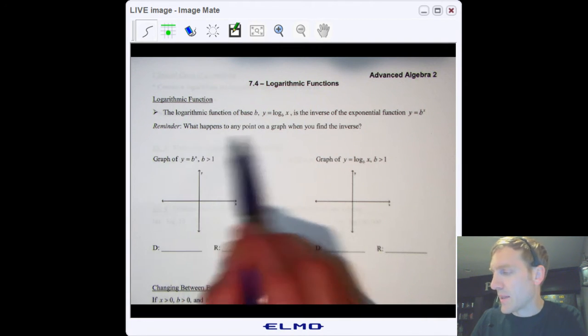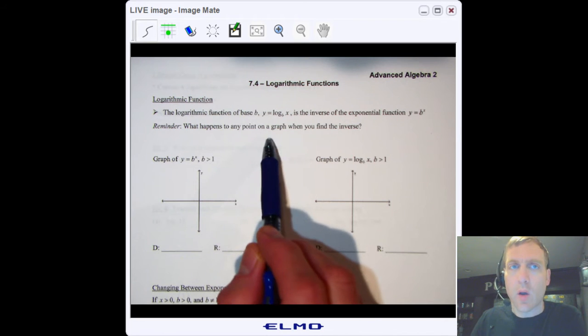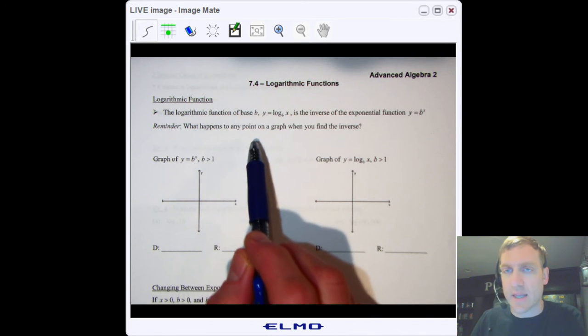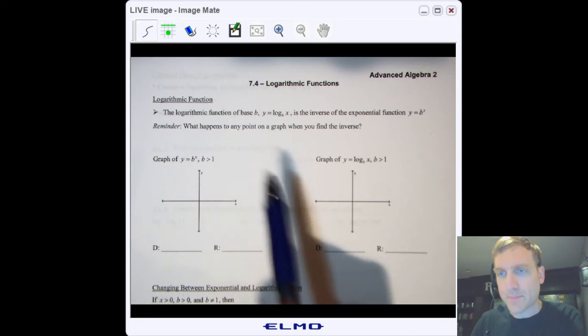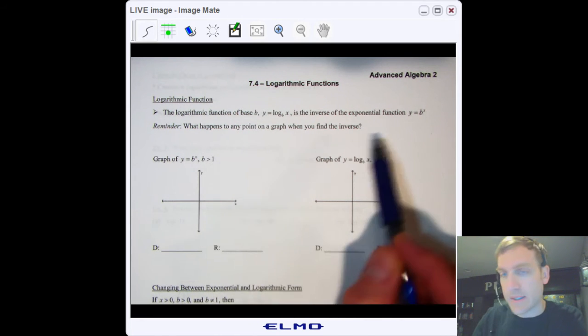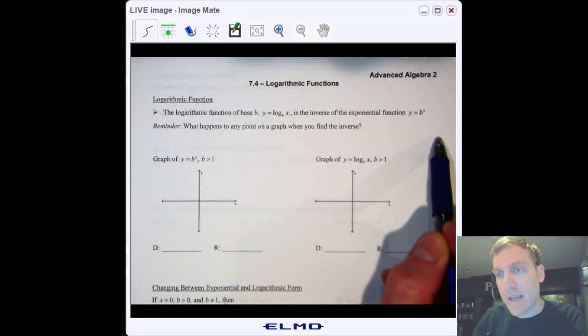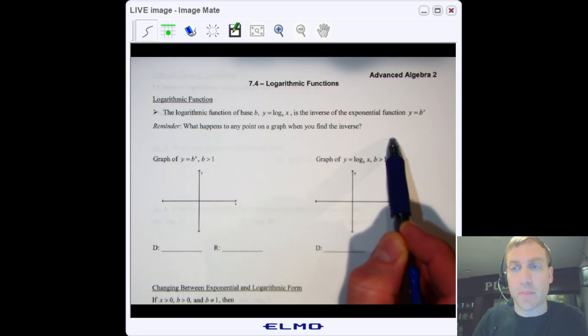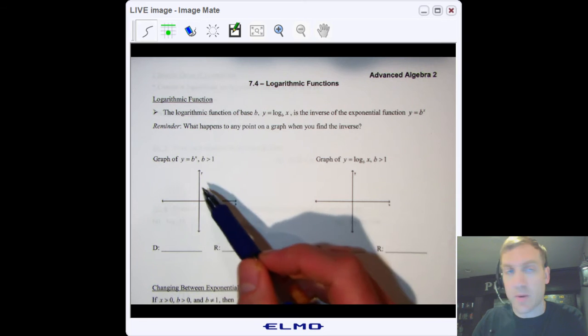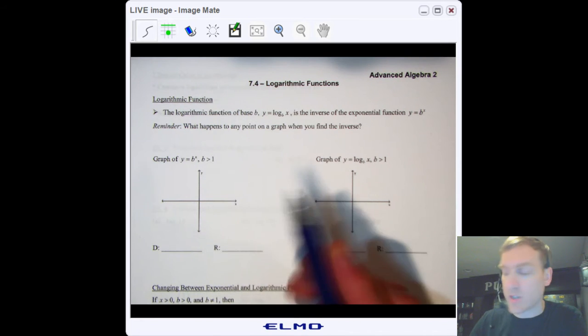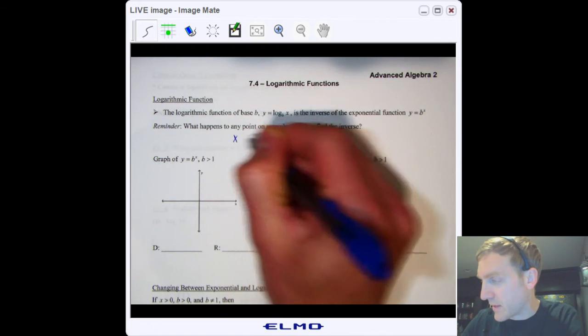So again, think back to 7.1. What happens to any point on the graph when you find an inverse? Well, if you remember, if a function takes you from input to output, the inverse takes you backwards from the output to the input. So on any point on the graph, x and y switch positions. The input becomes the output.